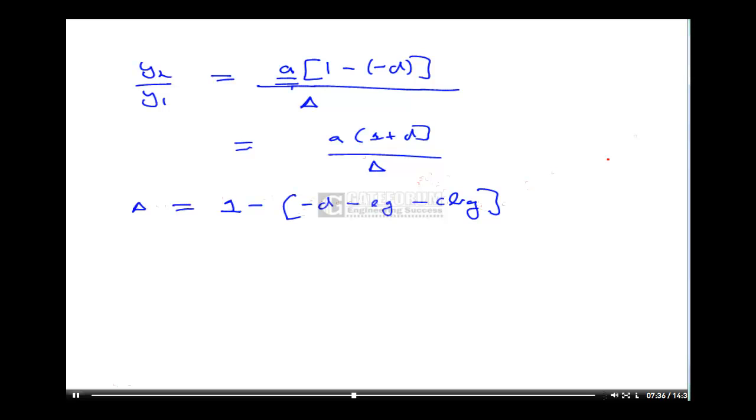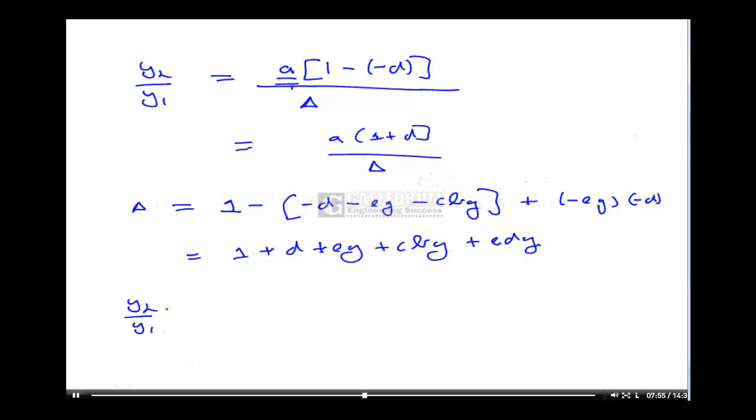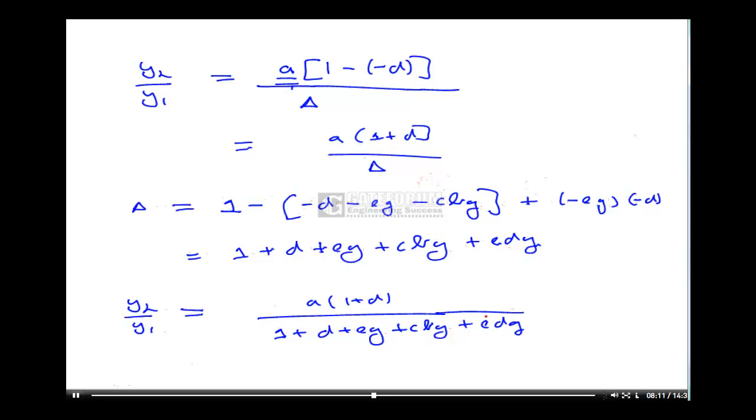One is eg and the other is d, plus minus eg times minus d. So I can write this as 1 plus d plus eg plus cbg plus edg. Thus overall my y2 by y1 is equal to A of 1 plus d upon 1 plus d plus eg plus cbg plus edg.